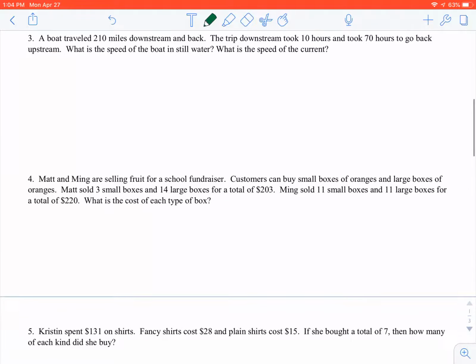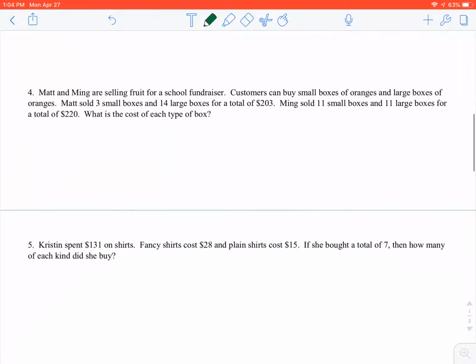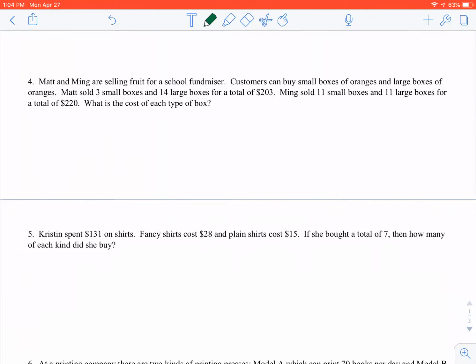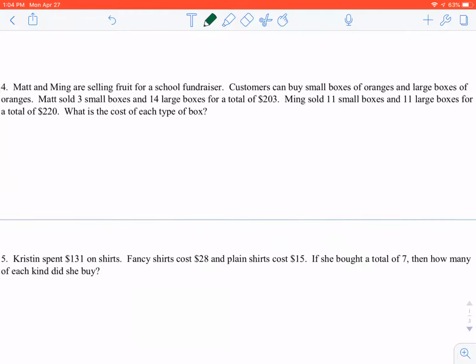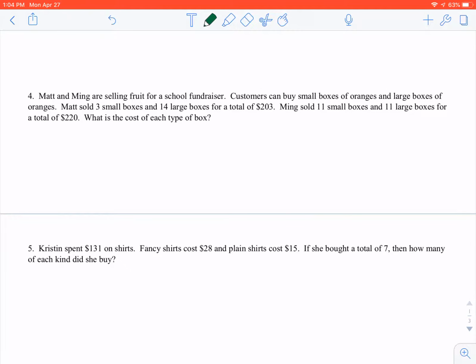Okay. I'm going to do some fundraiser, the oranges in small boxes, large boxes. It says that customers can buy small boxes and large boxes of fruit. Matt sold 3 small boxes and 14 large boxes for a total of $205.